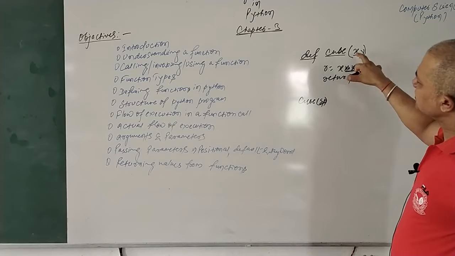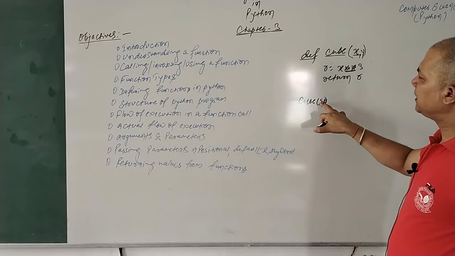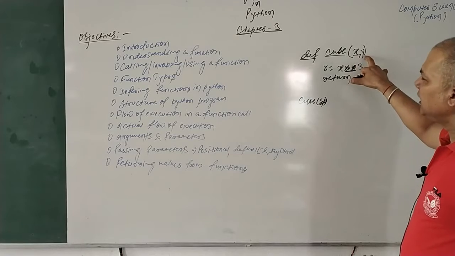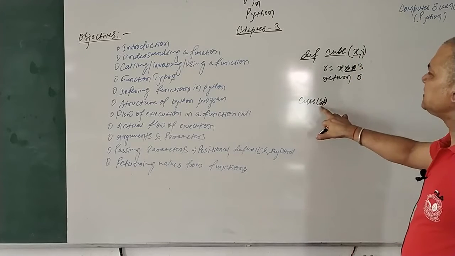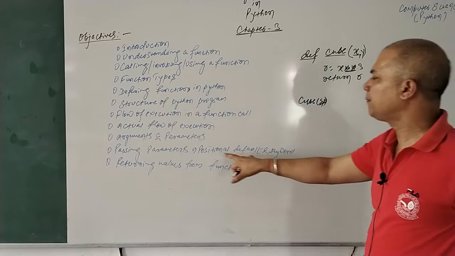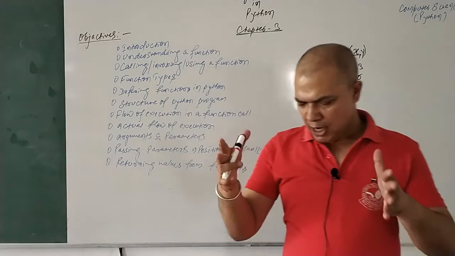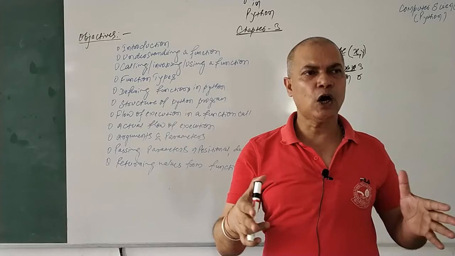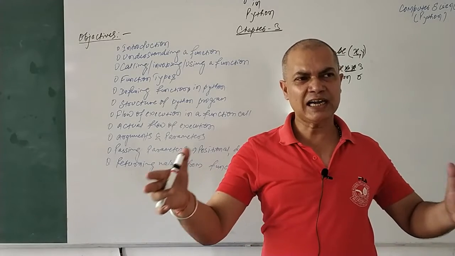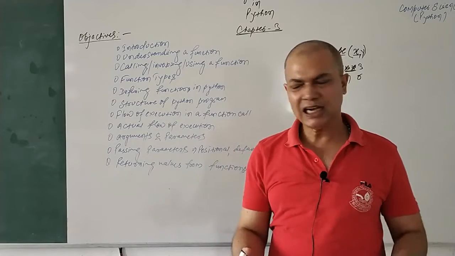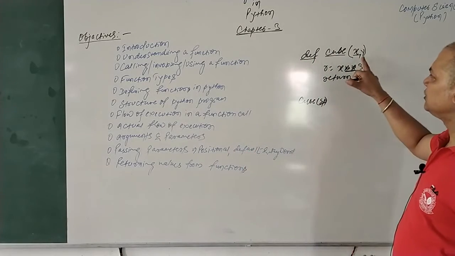X was first, so Python will consider 5 as the value of x and 6 as the value of y. Since it accepts according to position, it's called a positional parameter. So in positional parameters, whatever the sequence of the parameters at the time of defining, it matches exactly the arguments with the parameters.